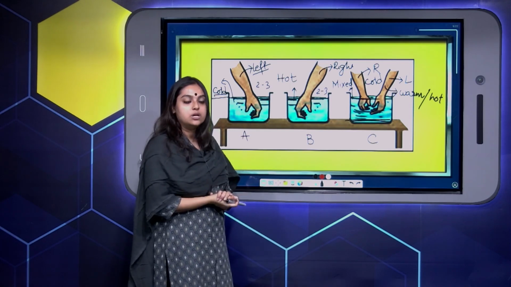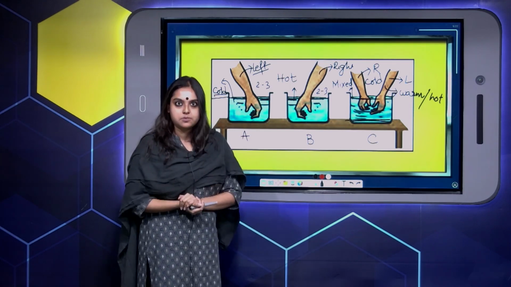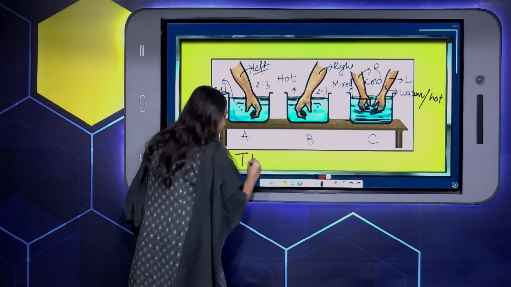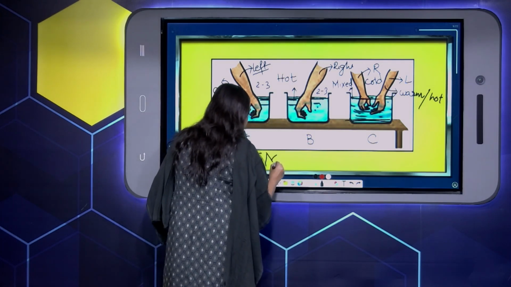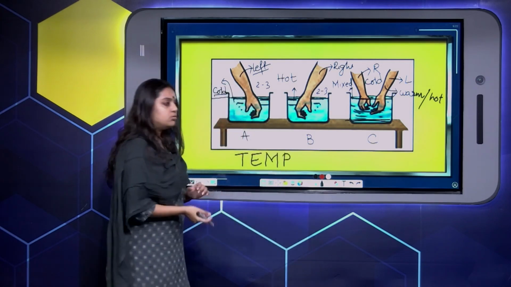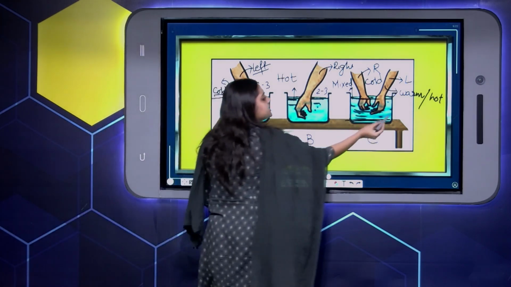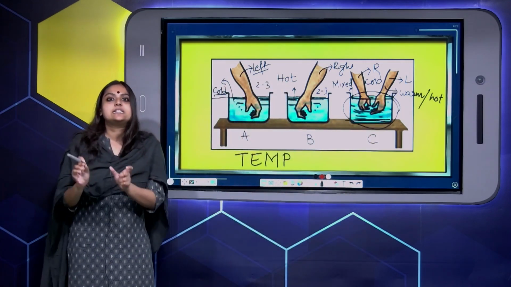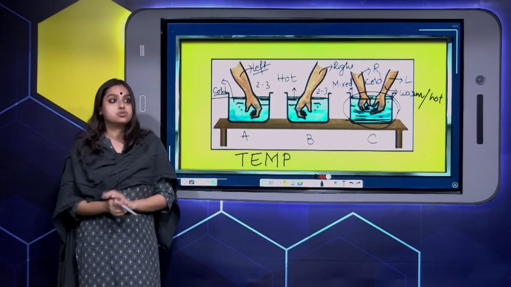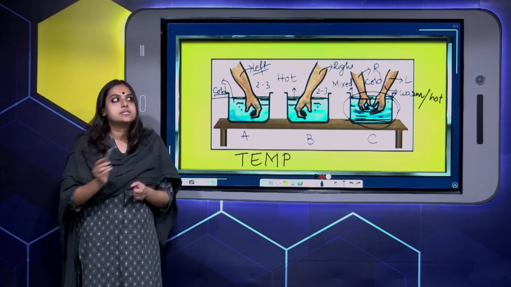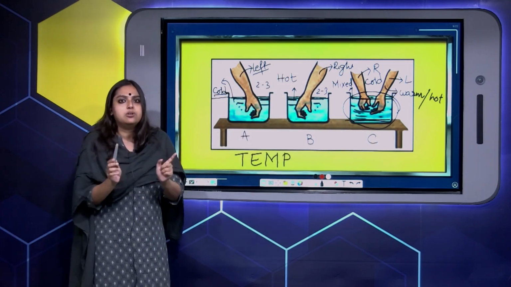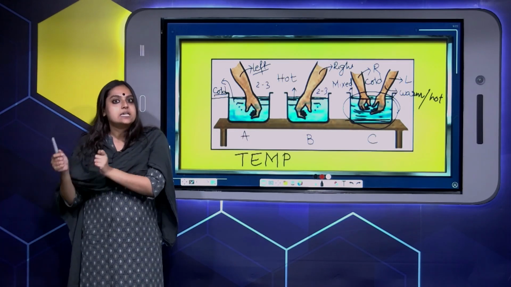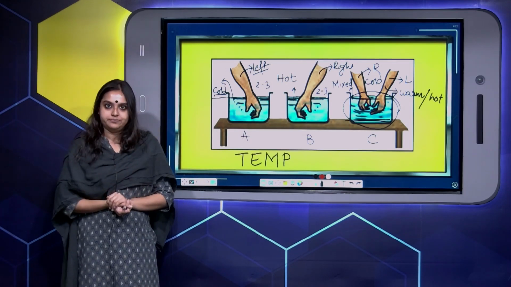We have to go to a new concept called temperature, so that we are not confused about whether the water in the beaker is hot or cold. We know accurately that this water in the beaker has a particular temperature.